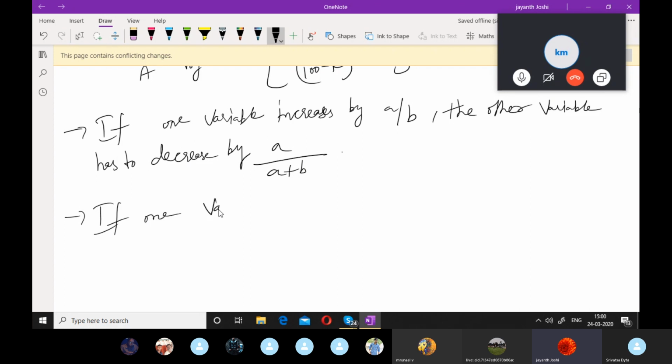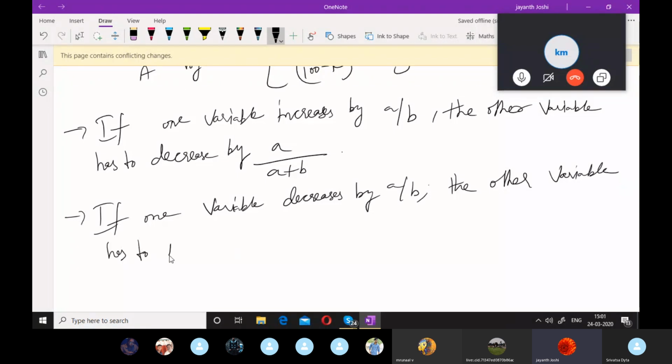If one variable decreases by A by B, the other variable has to increase by A by (B minus A).